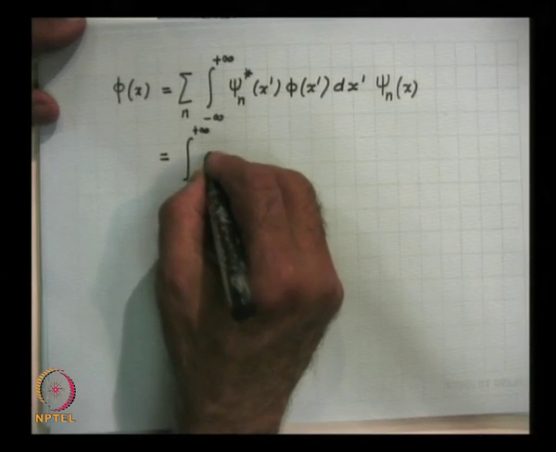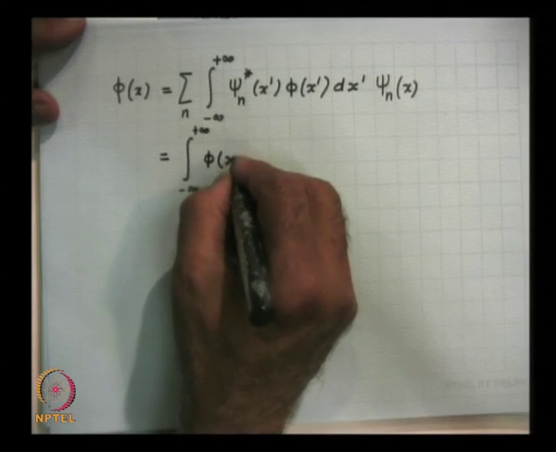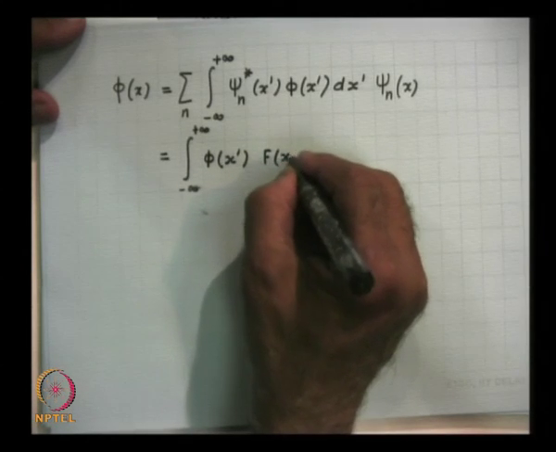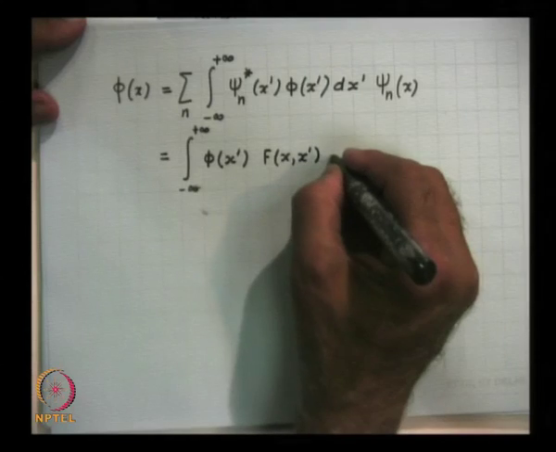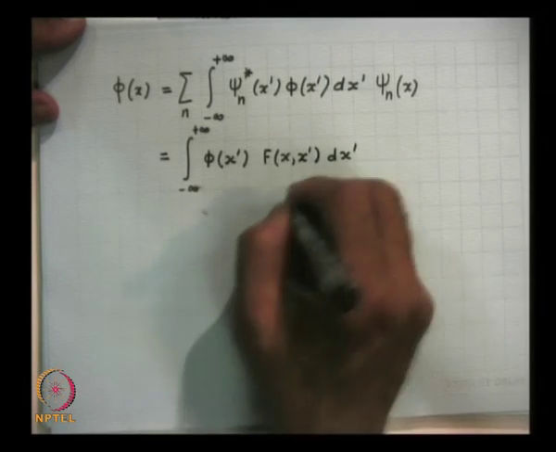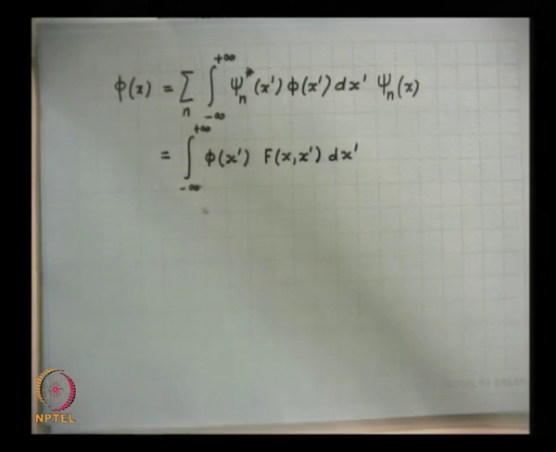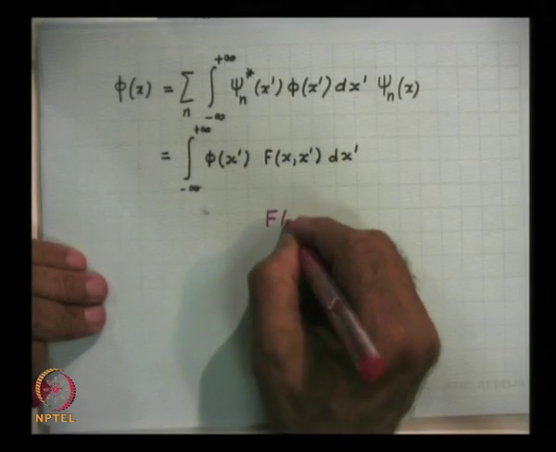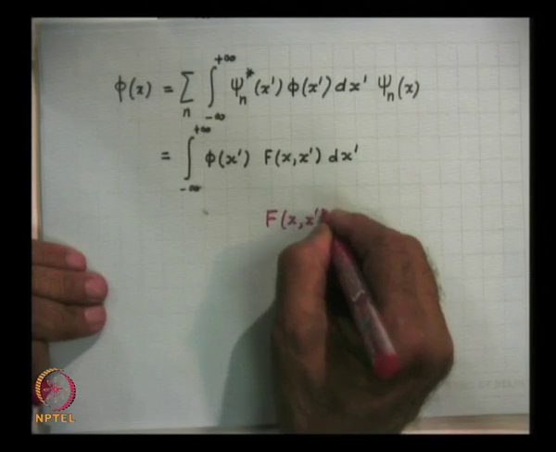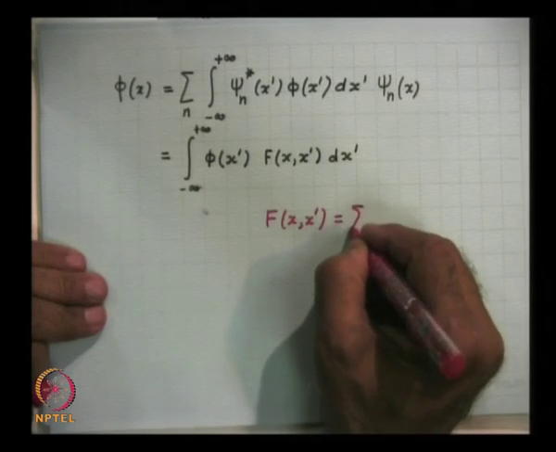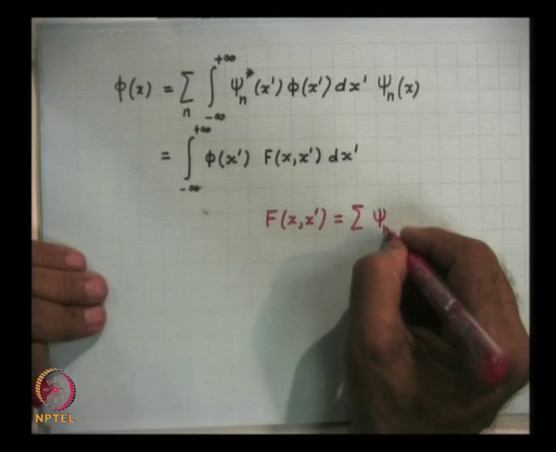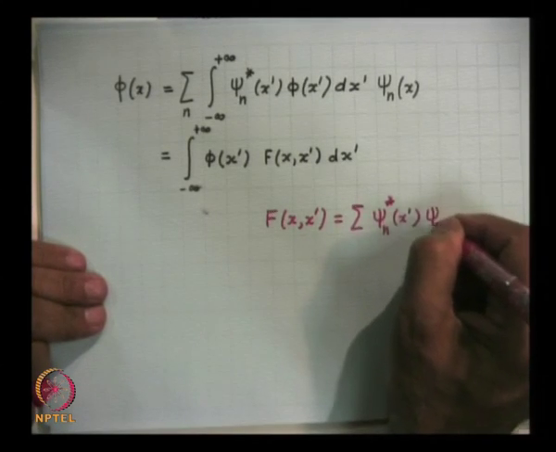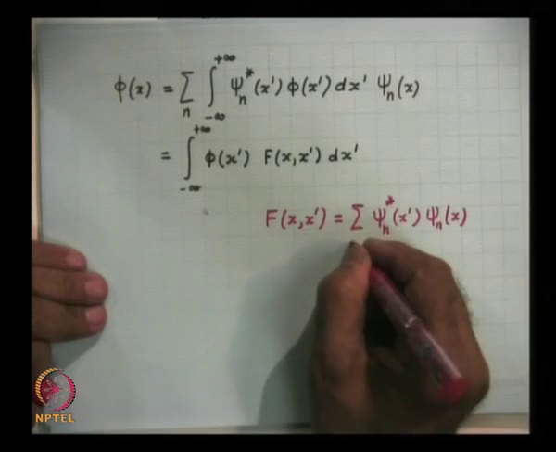Phi of x prime, and then some function f of x comma x prime dx prime, and as you would have noticed, f of x comma x prime is the summation of psi n star x prime multiplied by psi n of x summed over n.